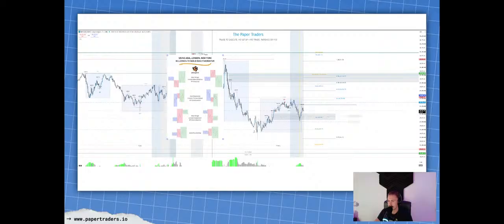Here we can see that price expansion during the Asian session with London consolidation, which does give the New York session the room to continue the Asian session trend and continue to the downside.